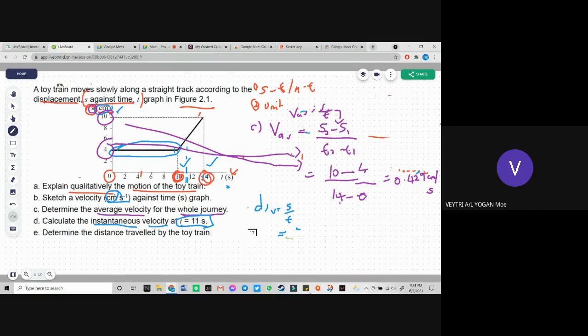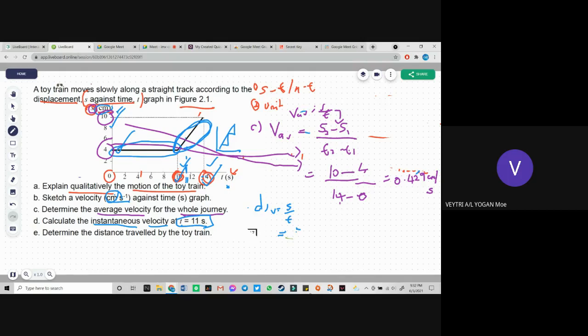Tapi you know very well this is a constant motion. Apa-apa linear, gradient dia kan sama. Kita dah belajar dalam maths. Apa-apa yang linear, carilah gradient kat sini ke, jawapan dia akan jadi sama juga. Same thing over here. So, you guys ada value 10, 14, 10, 4 je. 11 punya value tiada. Jadi guna je lah yang tu. Sebab gradient for a linear graph is just the same for any position.